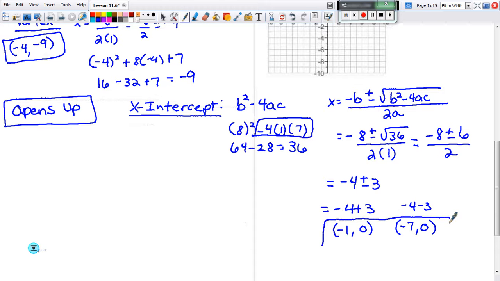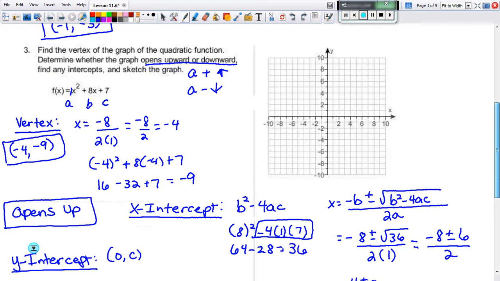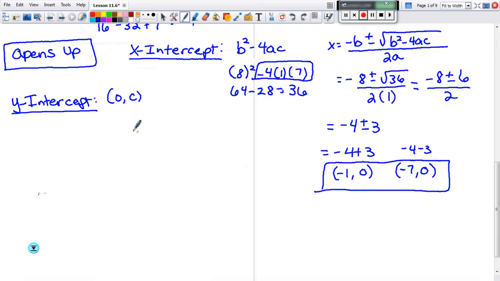So those are the x-intercepts. And then the y-intercept. Now the y-intercept is the easiest thing in the world to find. The y-intercept is always 0 with the value of c. So in this case, c was 7. So the y-intercept is 0, 7.